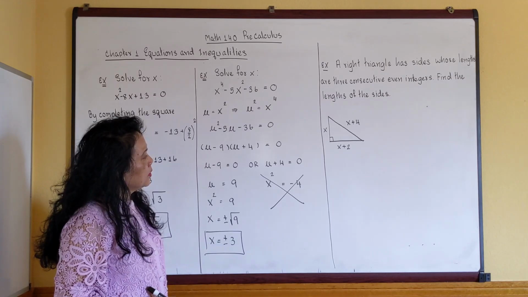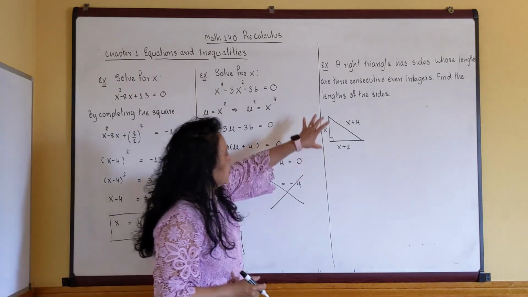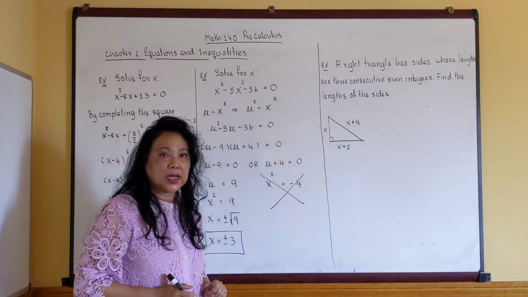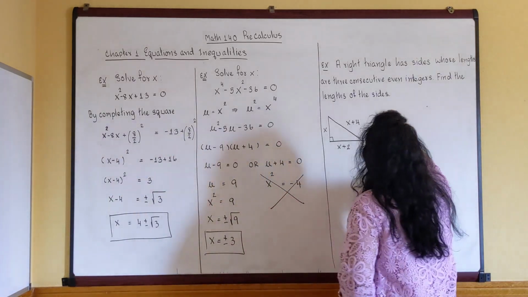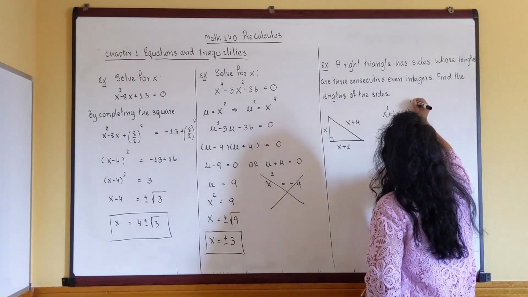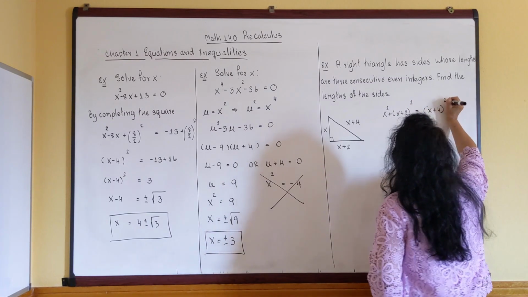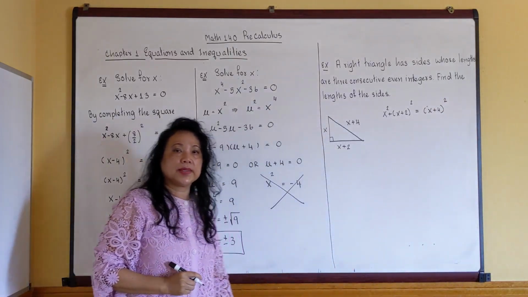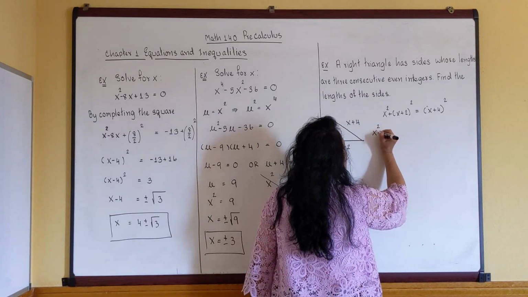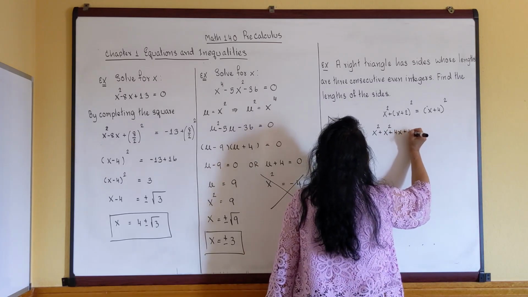Next step I'm going to use the Pythagorean theorem because it says the square of the 2 legs is equal to the square of the hypotenuse. So I'm going to have x squared plus (x plus 2) quantity squared equal to (x plus 4) quantity squared. Alright, I use the Pythagorean theorem. I'm going to expand this, so I have x squared plus x squared plus 4x plus 4.